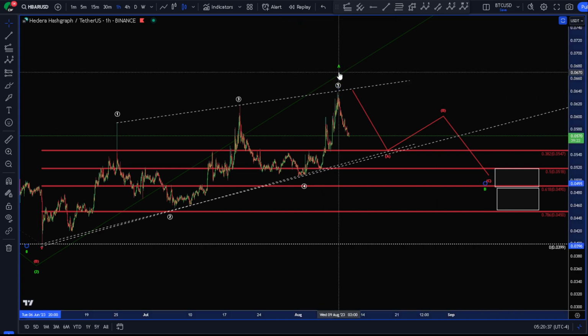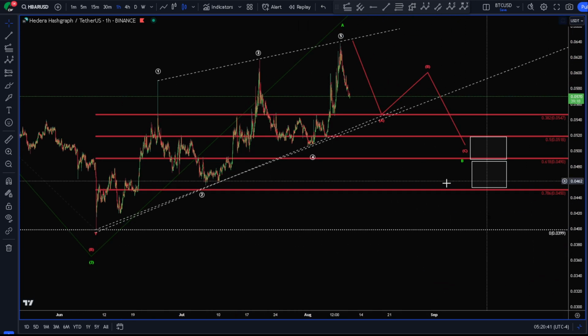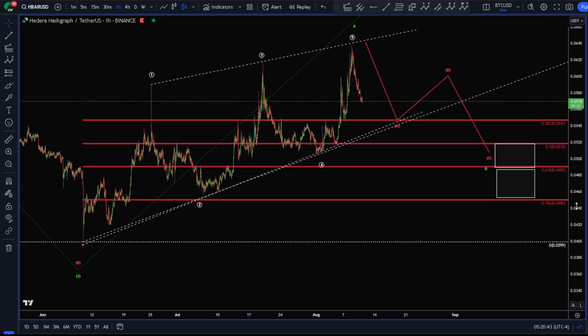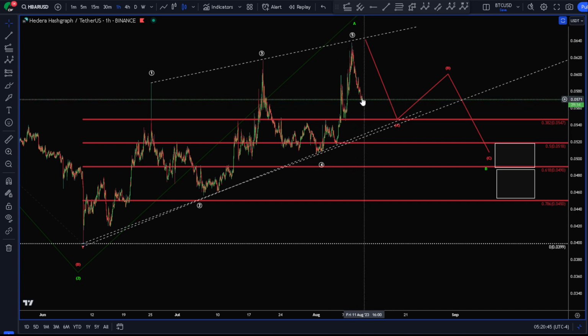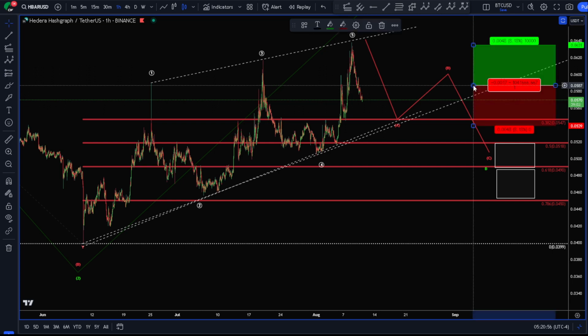Now, if you watch my video earlier in the week, I pretty much pegged that spot. I'm not currently short in it, but I'm waiting for a little bit of relief on this wave before we can start our B. And I will take a short once we get the setup.